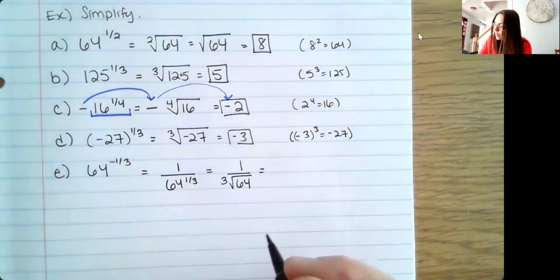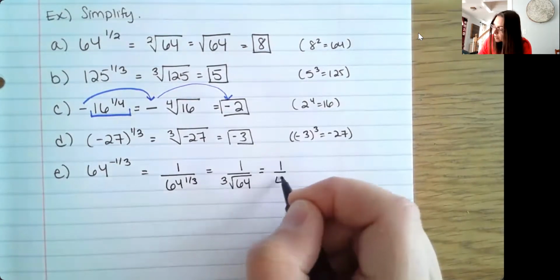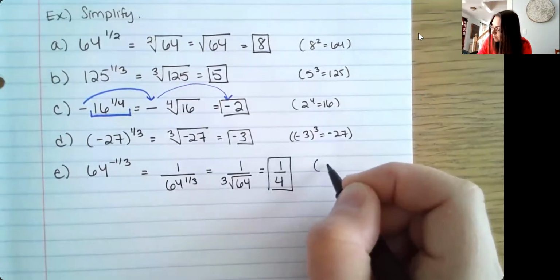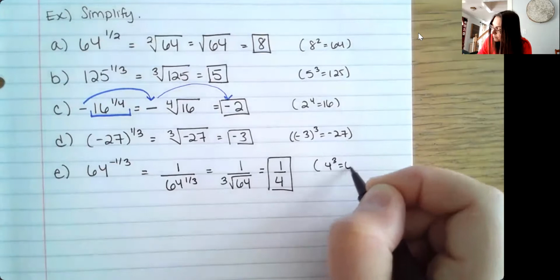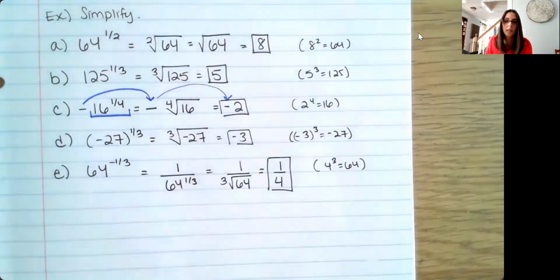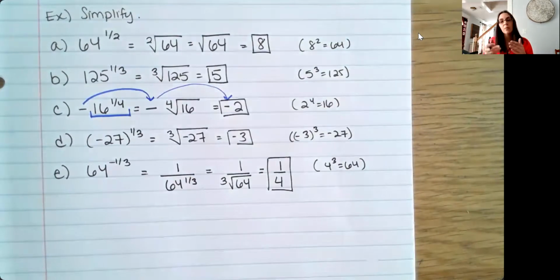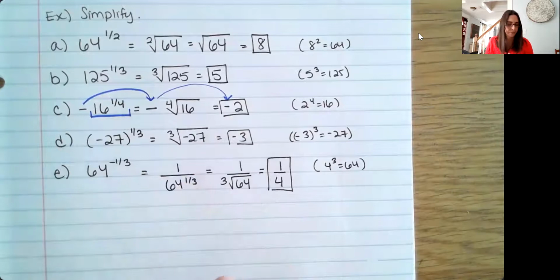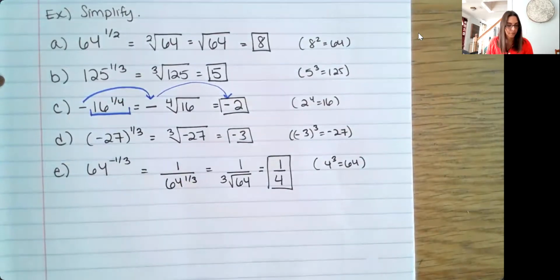And the cubed root of 64 is 4, so that actually simplifies completely. And that's because 4 cubed is 64. Now, there's nothing to do with the 1 there. The 1 is just a regular number 1. It's not in a root. So just keep that in mind. If you are using the reciprocal, if you're going from top to bottom, you can just put a 1 in the numerator.